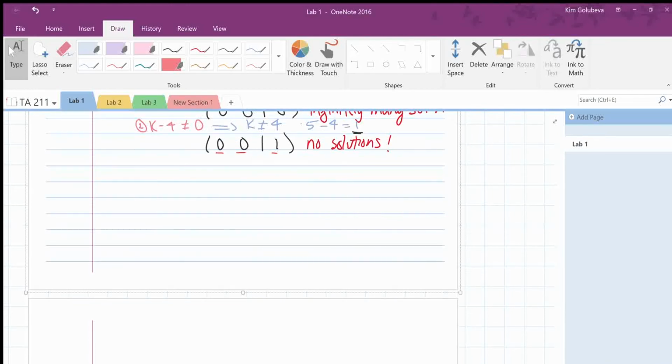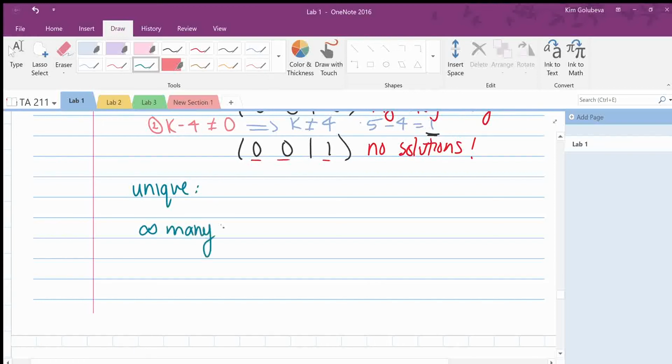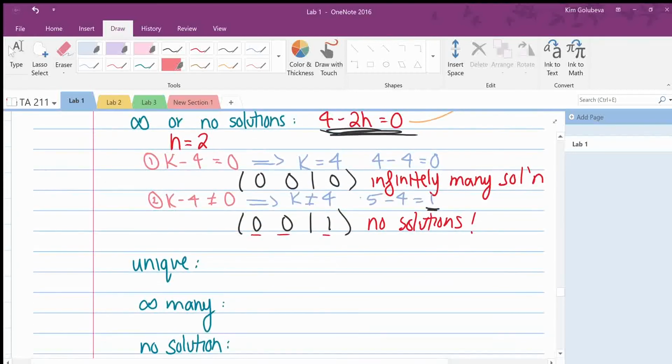So to conclude, we would have a unique solution, infinitely many, and no solution. It's unique when h does not equal 2.